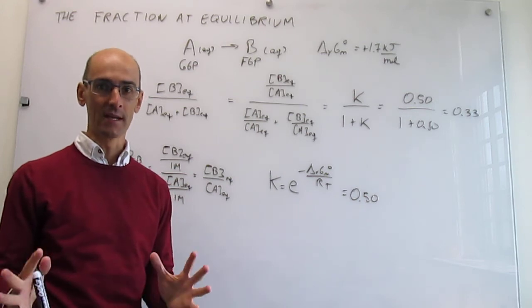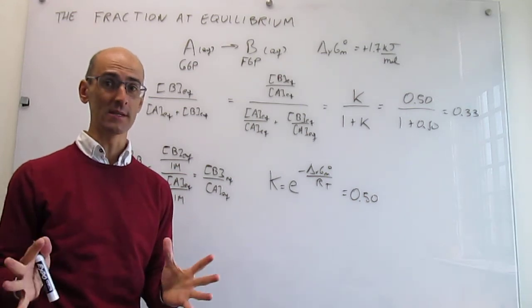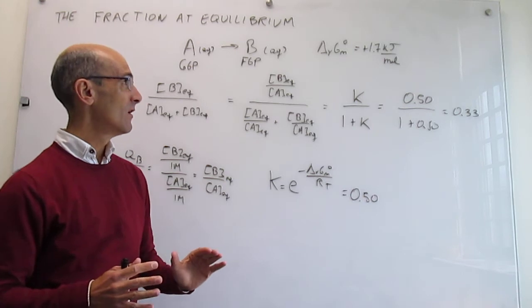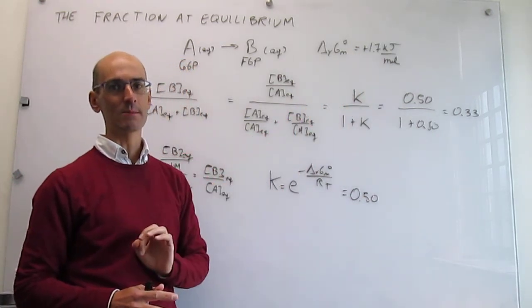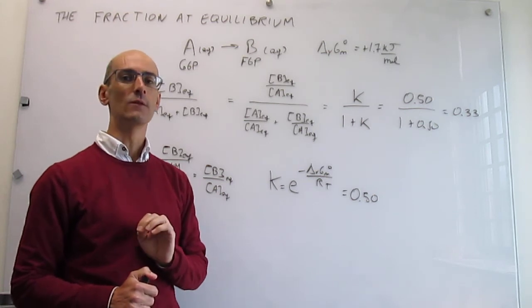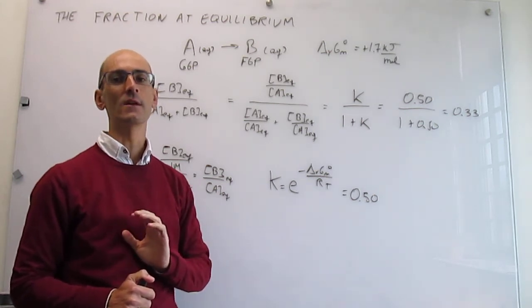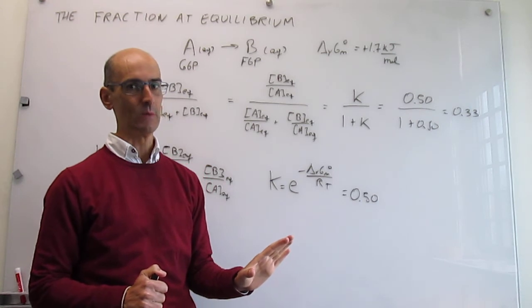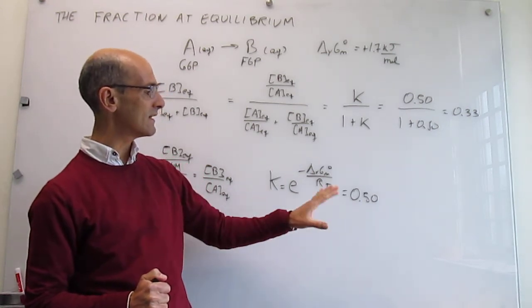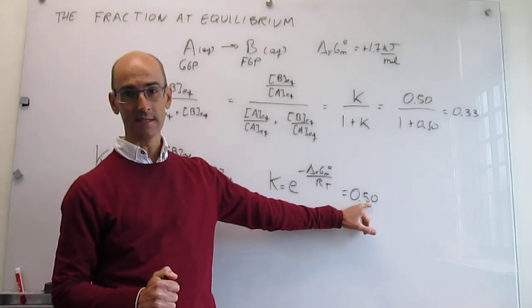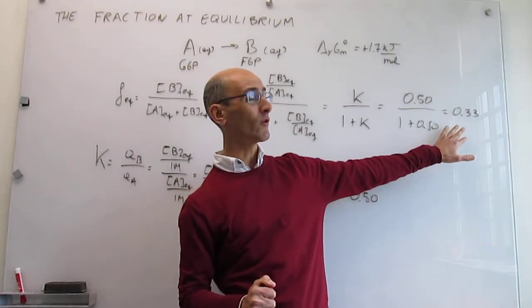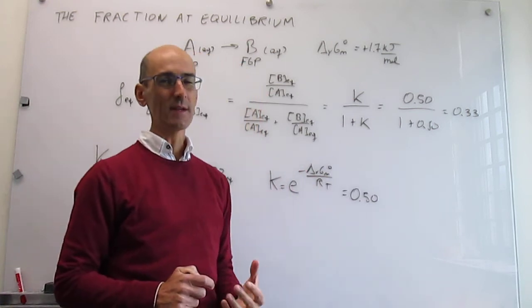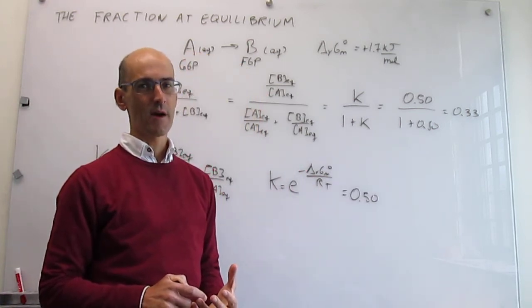Which one is dominating. So let's summarize what's going on here. Notice that you have here a positive sign for the molar reaction Gibbs energy. That is bad news if you want to have a reaction that is very displaced towards products. And we can see that because the equilibrium constant is less than 1, that's also bad news, and that can be further corroborated by this relatively low fraction of products at equilibrium.